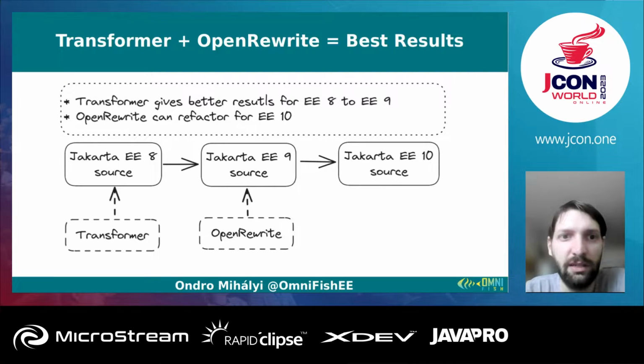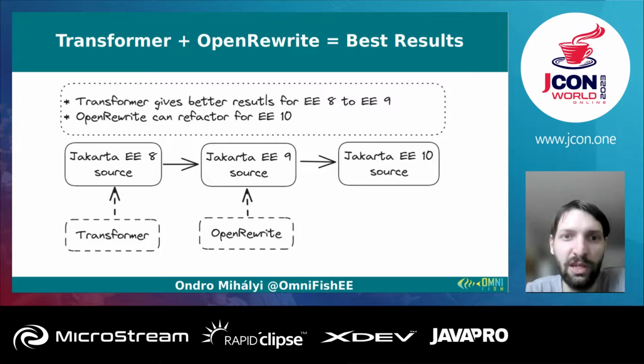The best use of these tools, according to my experience, is to combine Transformer and OpenRewrite. The reason is that Transformer can be used also on binaries. That's one case where you cannot use OpenRewrite. And another thing is that for Jakarta EE 10 to 9 migration, I saw that Transformer still has better results.